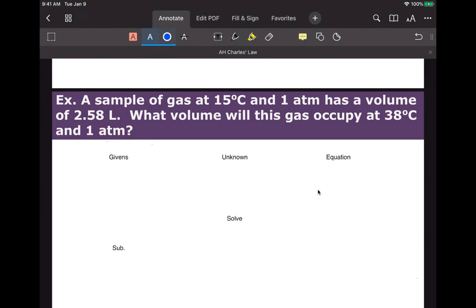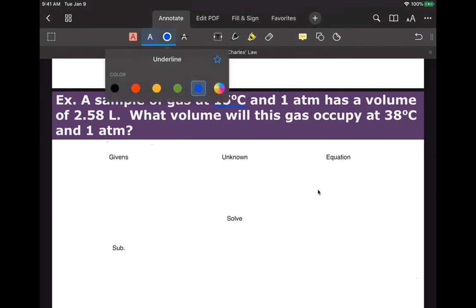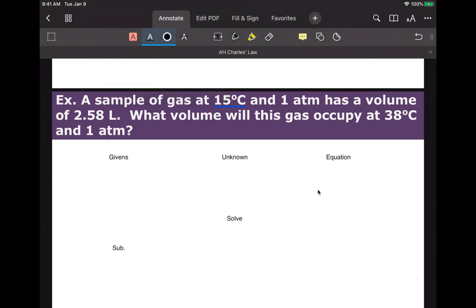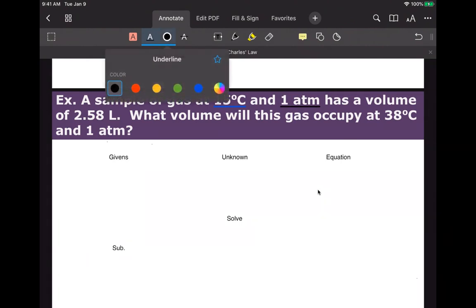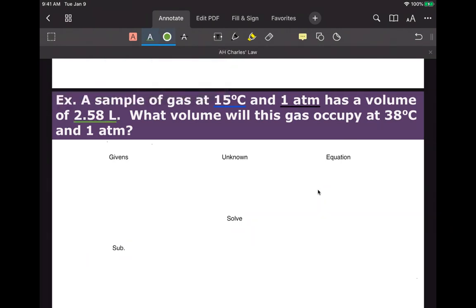As we read through the problem, we see a sample of gas has a temperature of 15 degrees Celsius. So I'm going to go ahead and underline that. And 1 ATM. Now remember, 1 ATM is a unit for pressure. We'll come back to that in a minute. Has a volume of 2.58 liters.